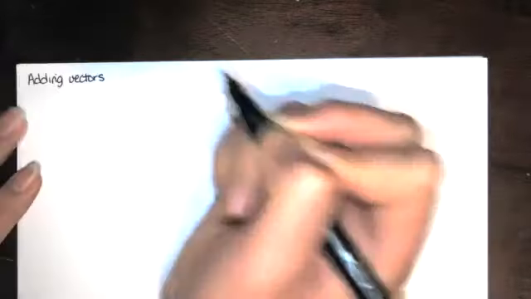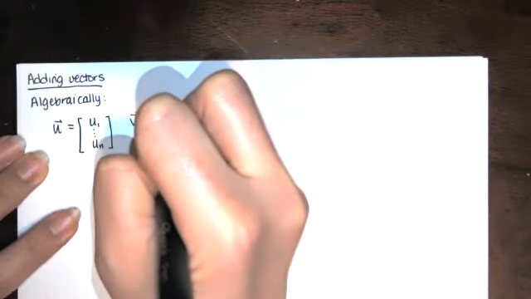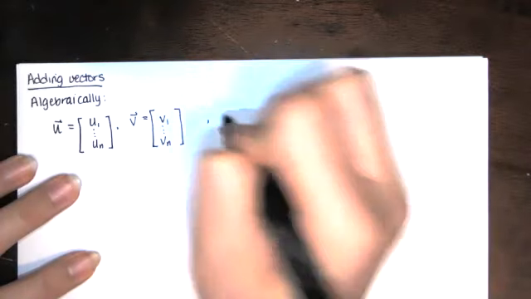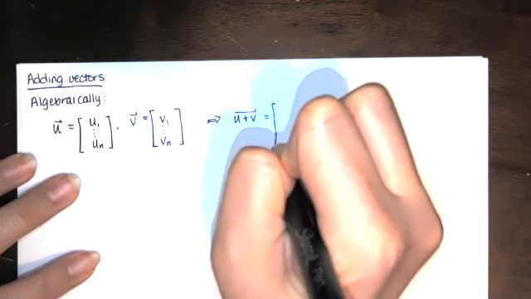Okay, so let's say that you have two vectors and you want to add them. Adding them algebraically is actually really easy. If we have a vector u with n components u sub 1 through u sub n, and a vector v with n components v sub 1 through v sub n, given that, then the vector u plus v just comes from adding component by component.